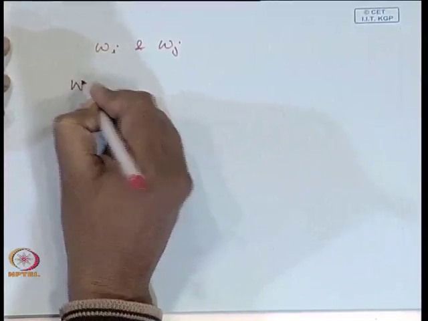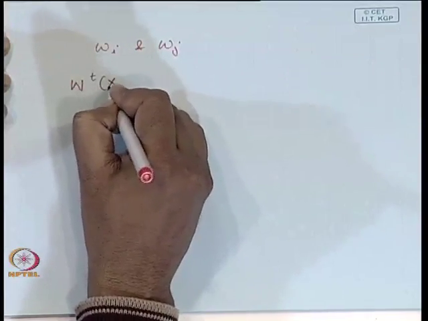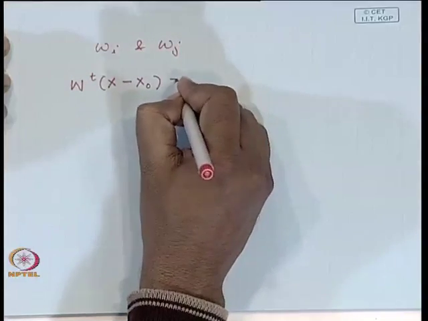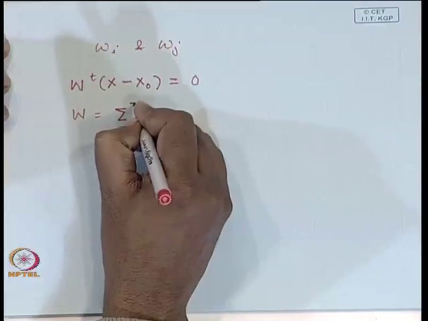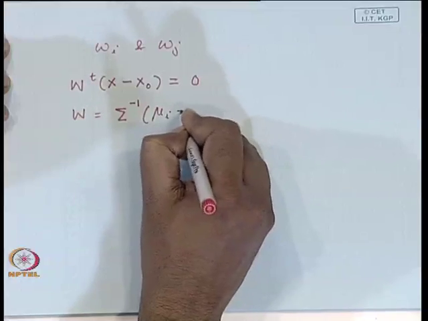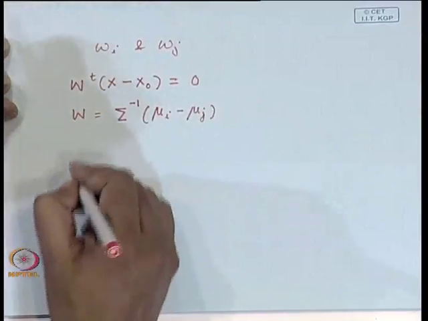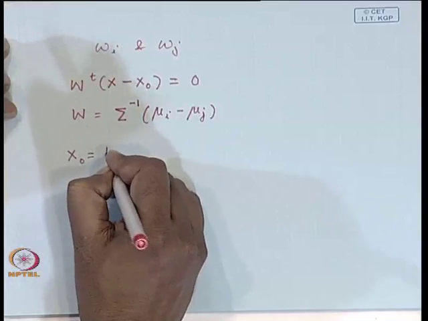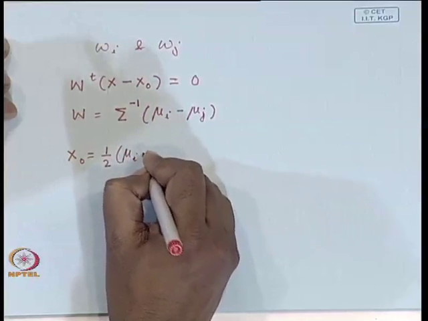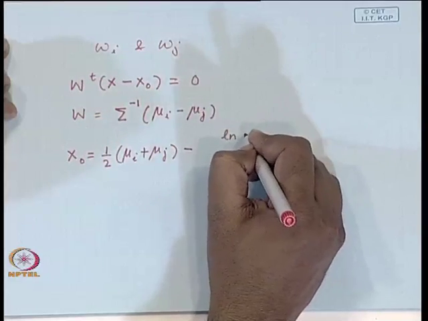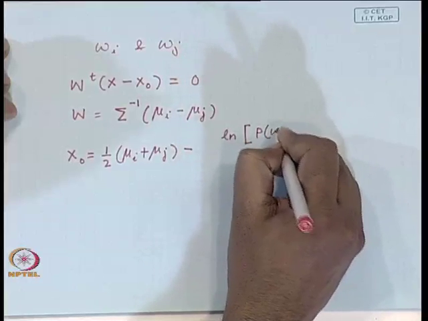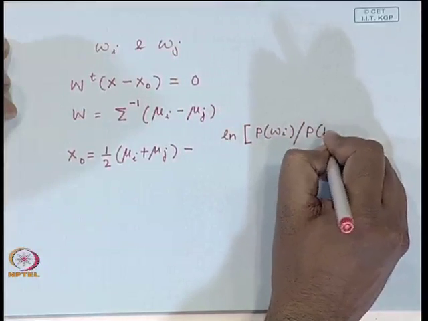If I follow the same steps, the equation will come in the form w^T (x - x0) = 0, where w is given by Sigma^-1 (mu_i - mu_j), and x0 is given by 1/2 (mu_i + mu_j) minus log of P(omega_i) upon P(omega_j), with the appropriate scaling term.